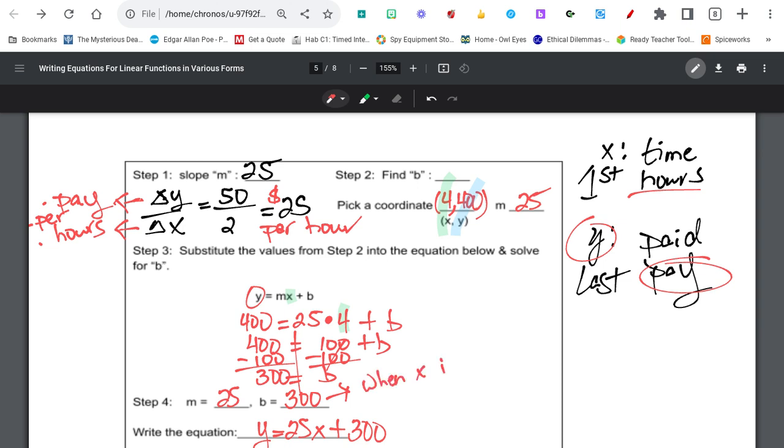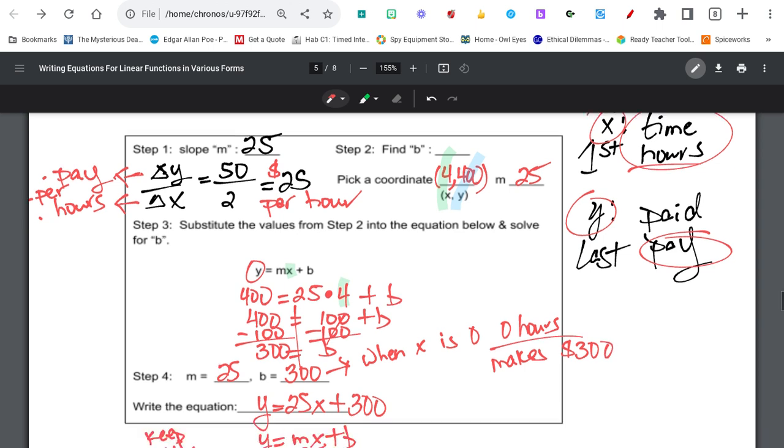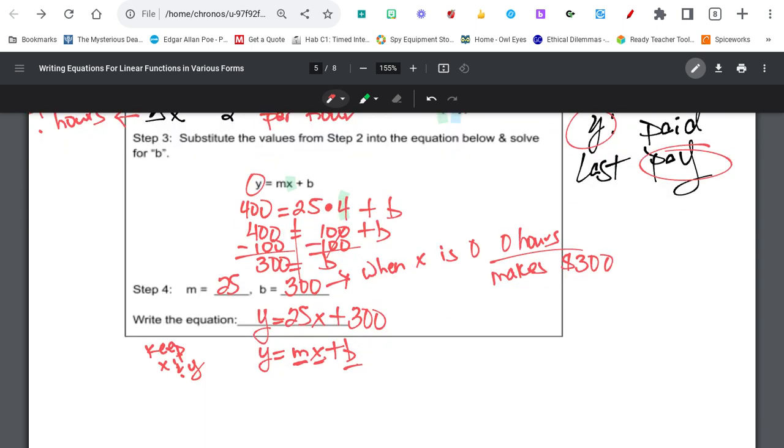So what is X? X is your hours. In this case, when X is 0, that means 0 hours. At 0 hours, someone still makes $300 when they didn't put in any hours.